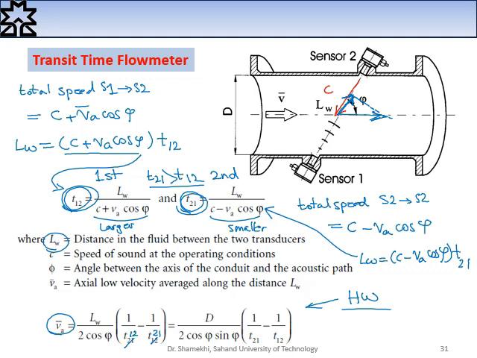Because you know when T21 is larger than T12, therefore this fraction is smaller than this. And because we don't have any negative velocity in this direction, this term should be positive.